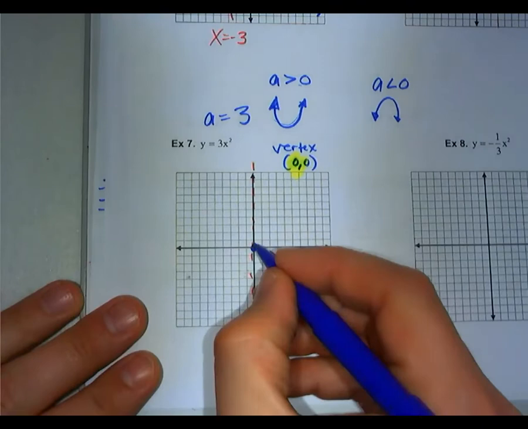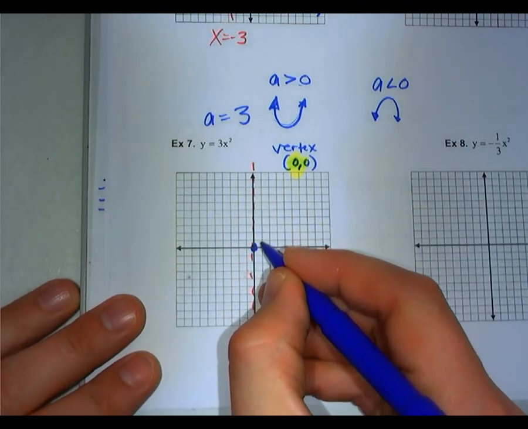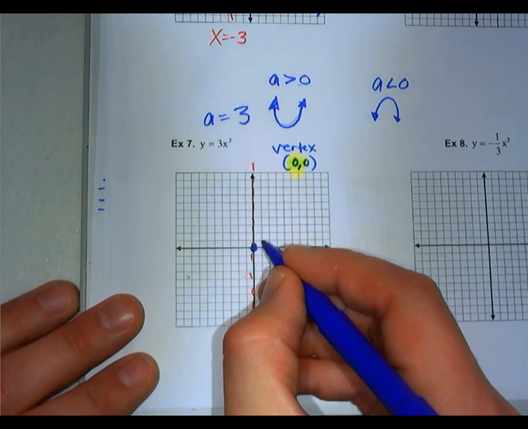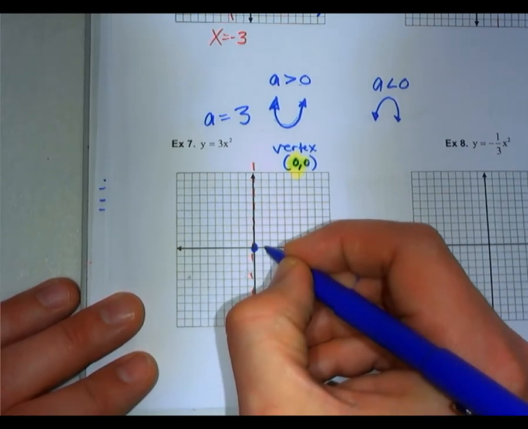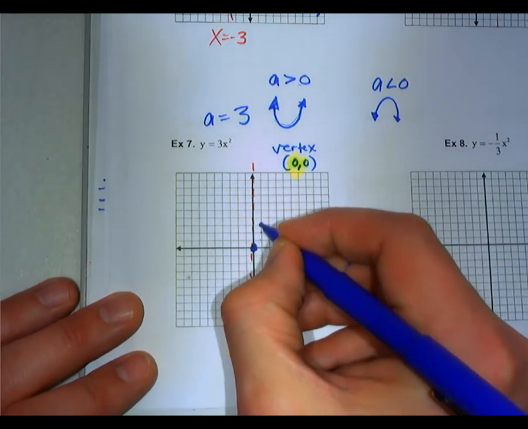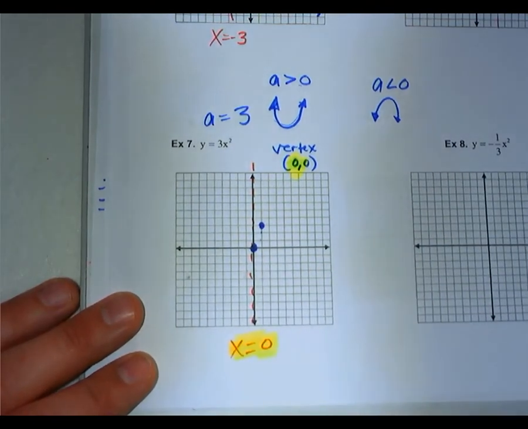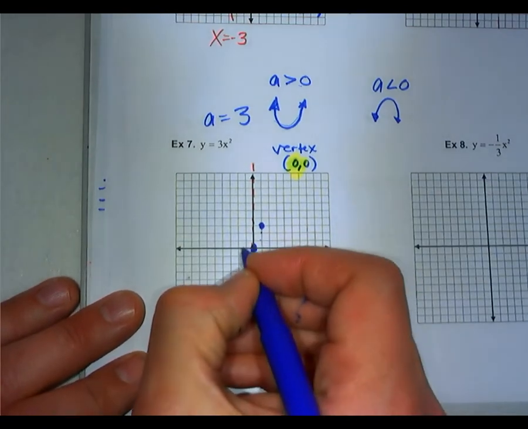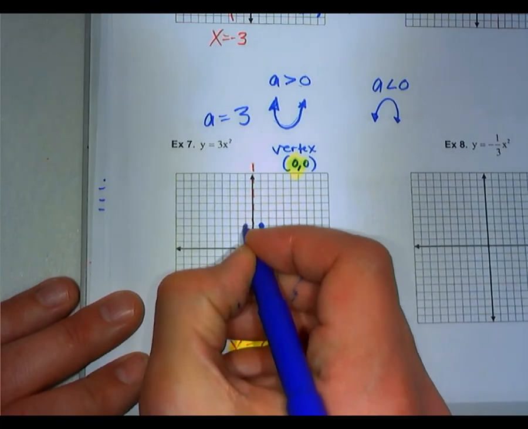So instead of going over 1 up 1, you're going over 1 up 1 times 3. What's 1 times 3? That's 3. So that's over 1 up 1, 2, 3. You go up your a value. That's like a multiplier to that value.